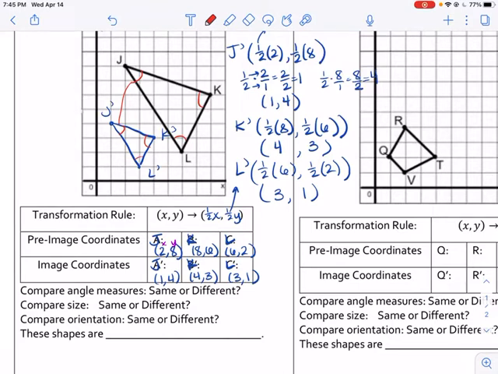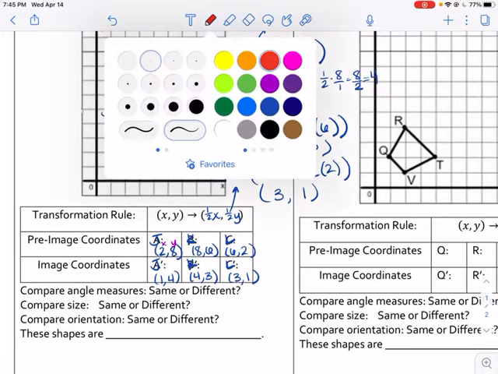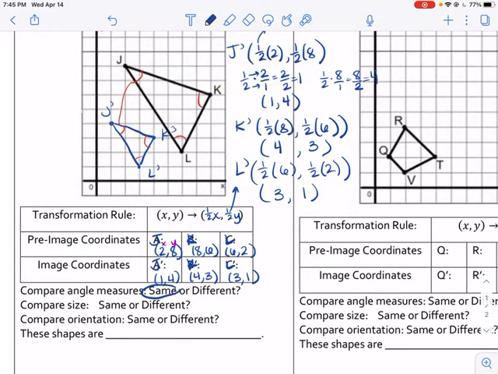And then L looks like it's about the same measure too. So our angle measures are the same. Our size is very obviously different, and our orientation is pretty obviously the same. Like the shape just got smaller. K and L didn't swap places or anything. So these shapes, because they're different sizes but they have the same angle measures, they're what we call similar.